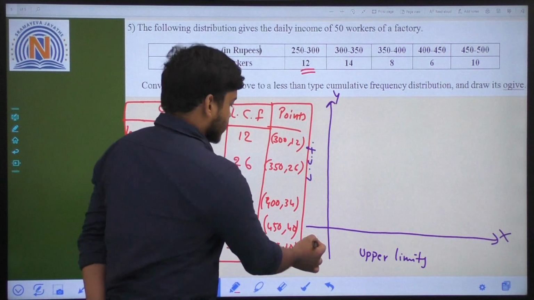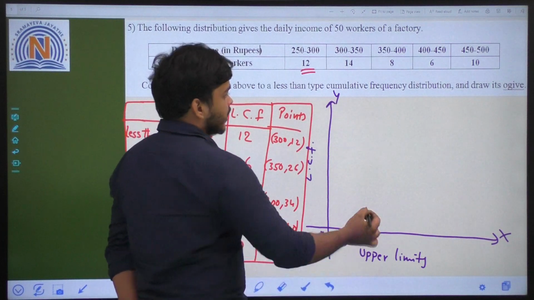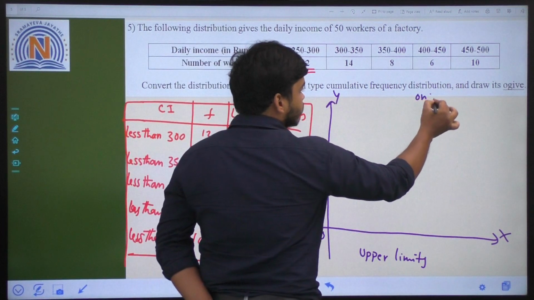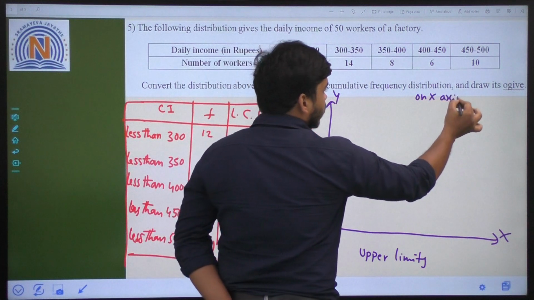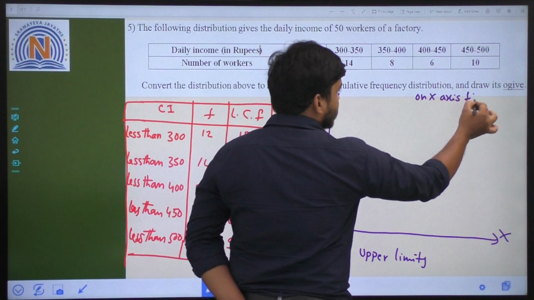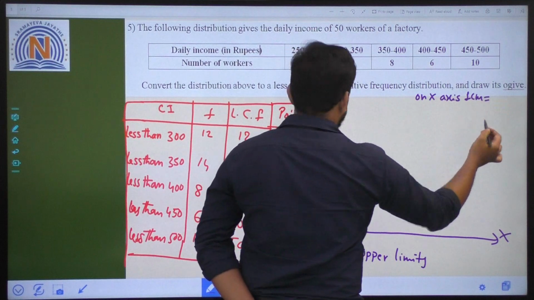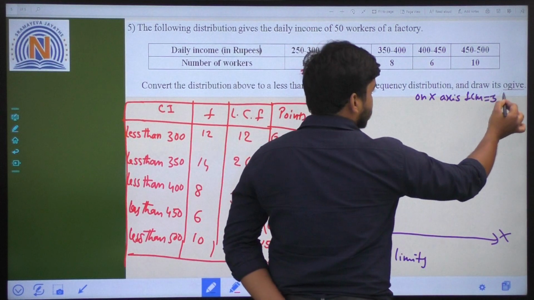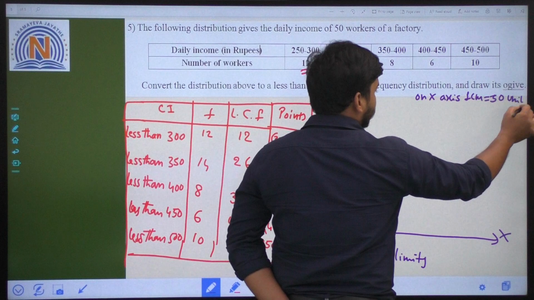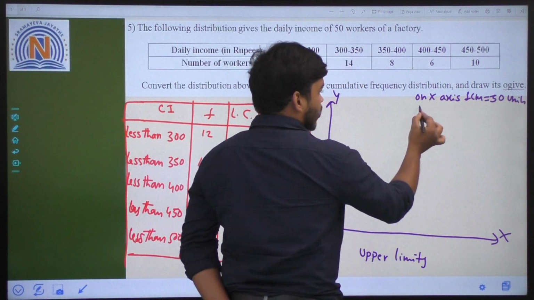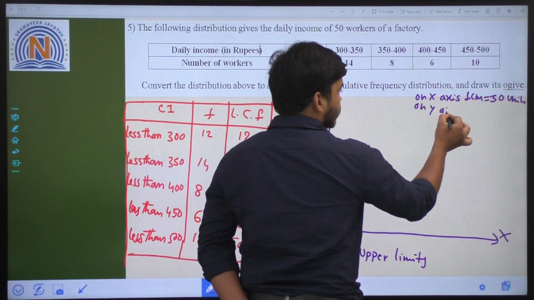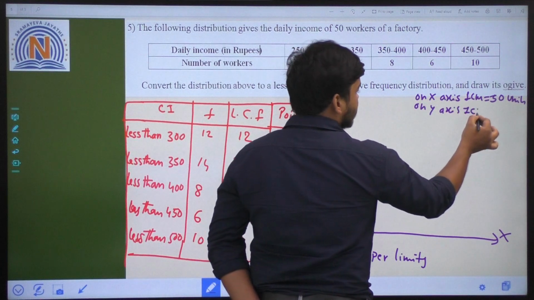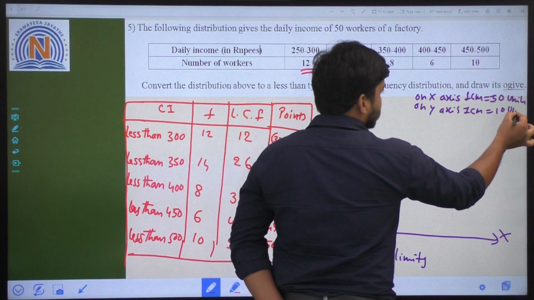So this is the origin. On the x-axis, 1 centimeter I'm taking as 50 units. On the y-axis, 1 centimeter I have taken as 10 units.